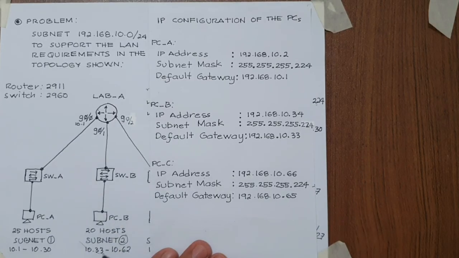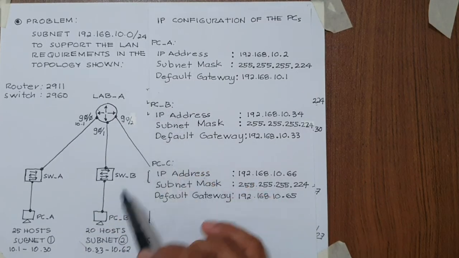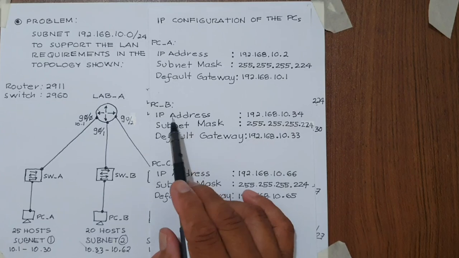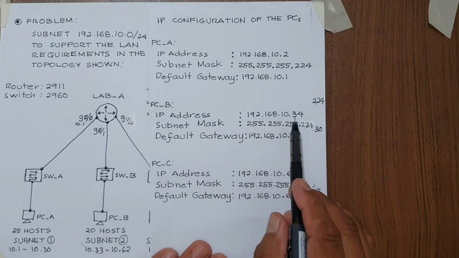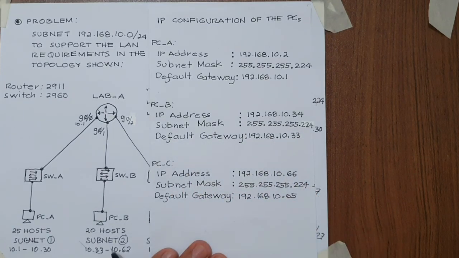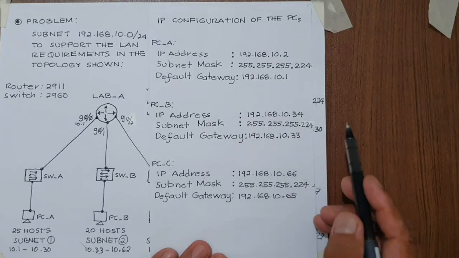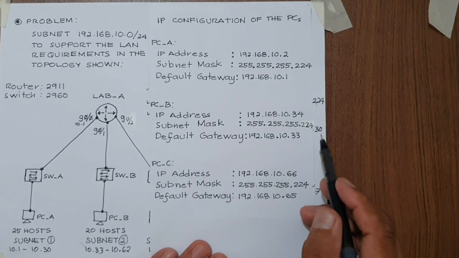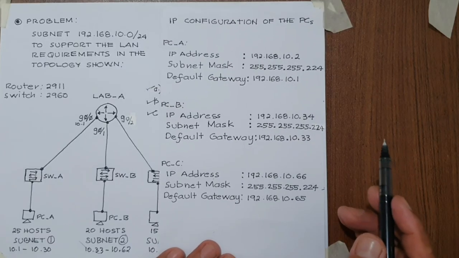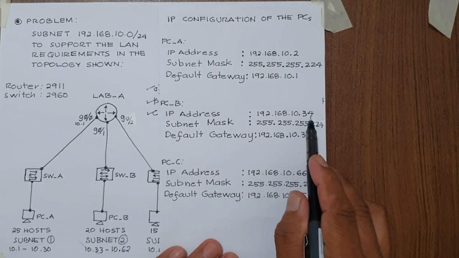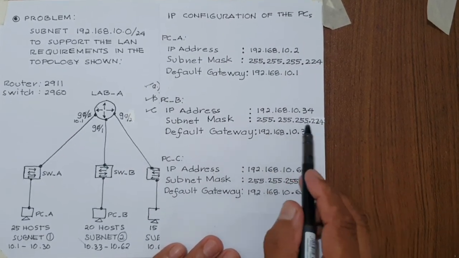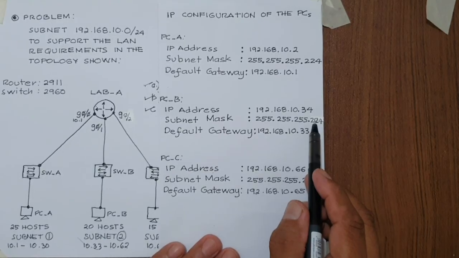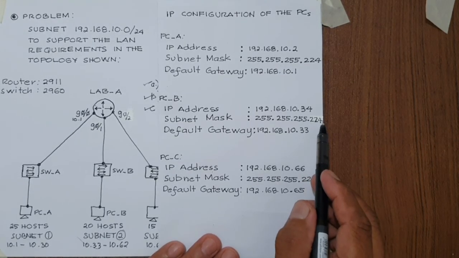Next, for this subnet or this PCB, its IP address comes from this range. We use 10.34. And the subnet mask will also be that for /27.